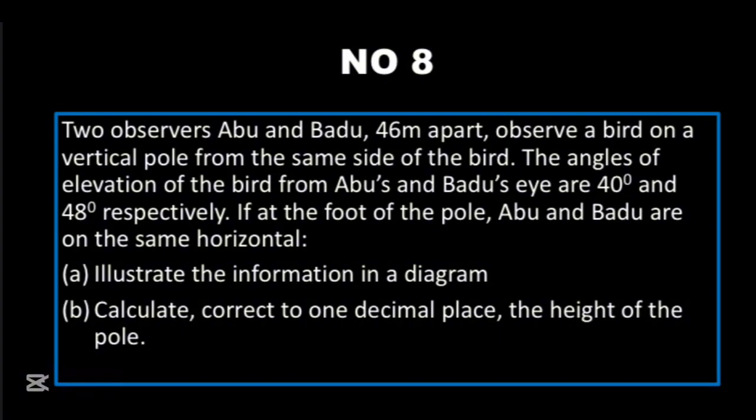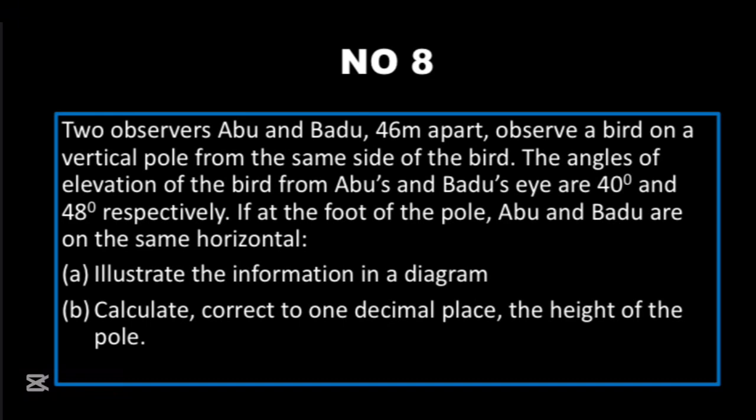The angles of elevation of the bird from Abu's and Badu's eyes are 40 and 48 respectively. If the foot of the pole, Abu and Badu are on the same horizontal level, illustrate the information in a diagram.